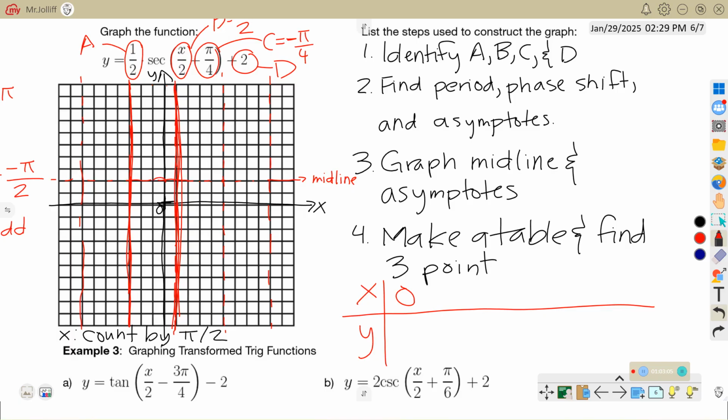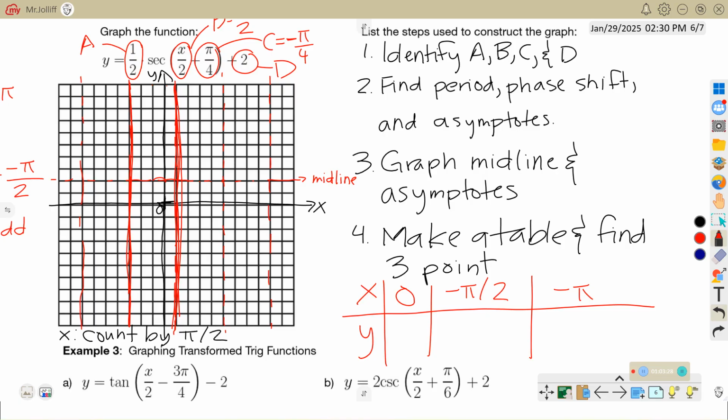If I go back another step, I'm at minus pi over 2. I go back another step, I'm at minus pi. Those 3 x values are the 3 that are in the middle of that asymptote range. So they're going to tell me what the middle of my graph looks like.